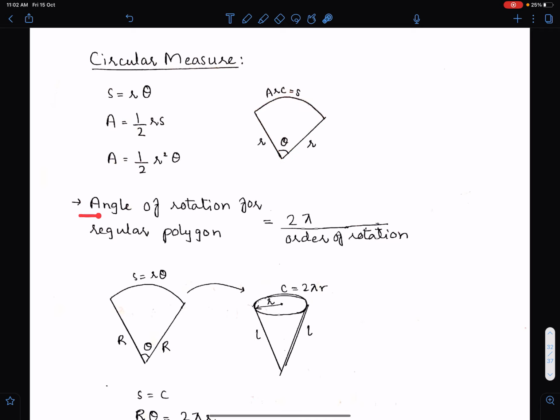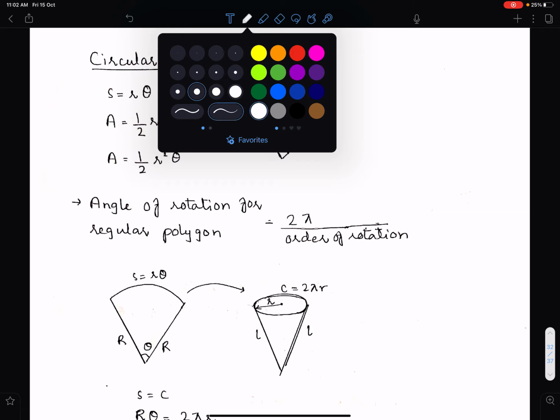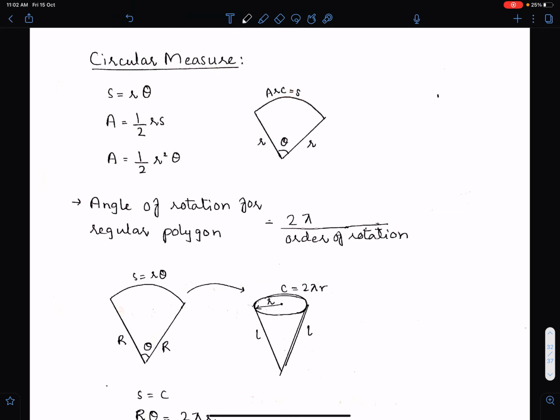Well, if we need the angle of rotation for regular polygons, this is the formula for finding the angle of rotation: 2 pi upon order of rotation. For example, if we need the angle of rotation of this equilateral triangle, this is an equilateral triangle.